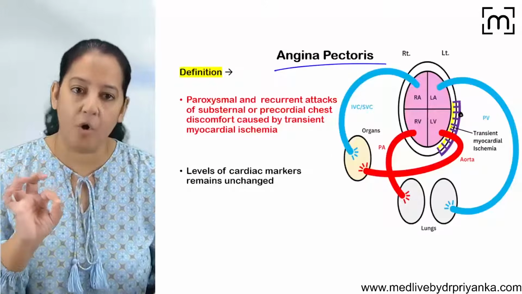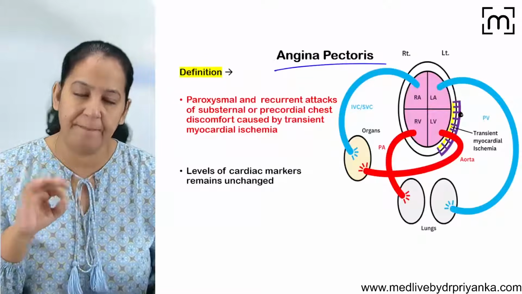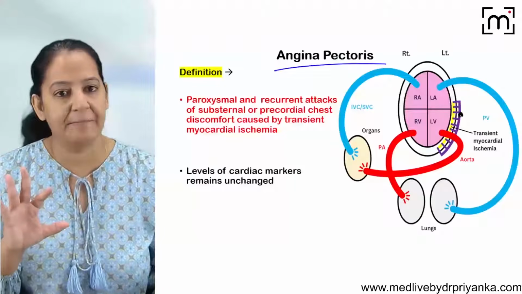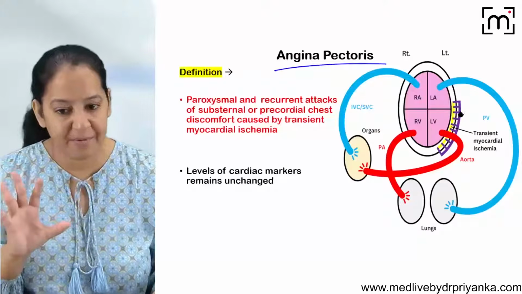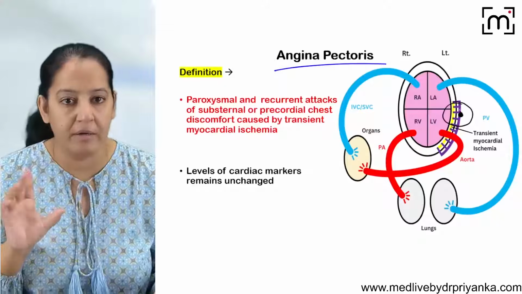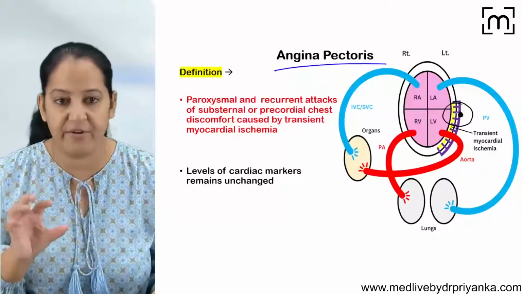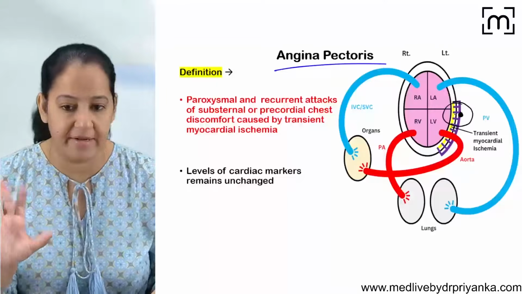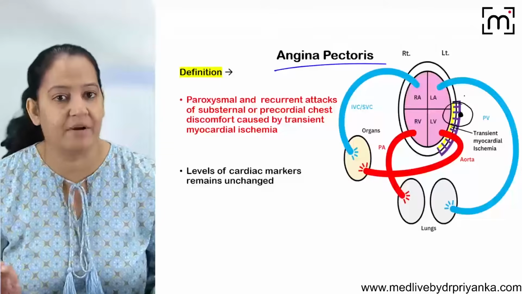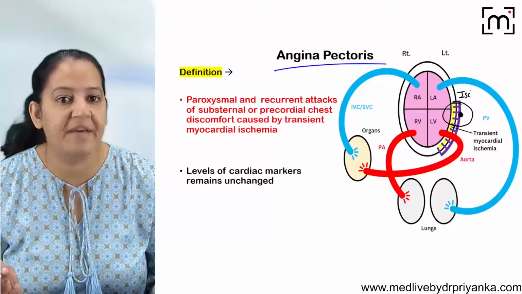Whenever there is an obstruction in the coronary, maybe due to atherosclerosis, maybe due to thrombosis, maybe due to vasospasm, due to any reason, what will happen? A portion of the cells of the left ventricular wall is not receiving enough blood. It is receiving less blood. There is partial obstruction, so they undergo ischemia.